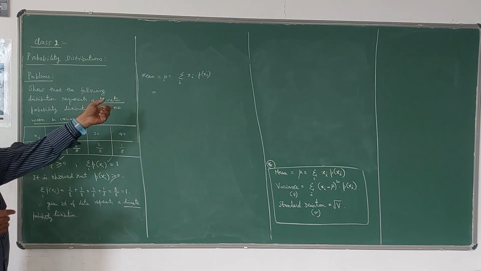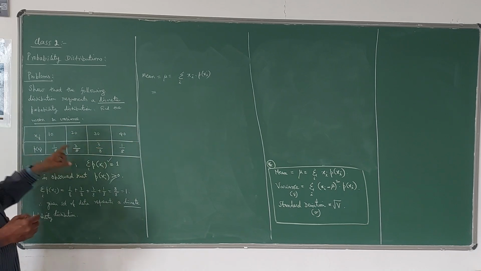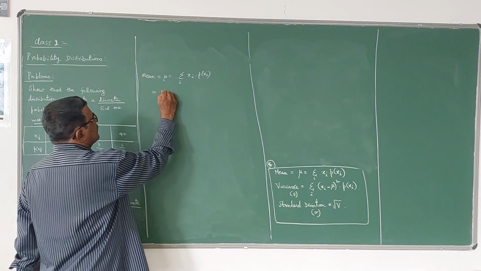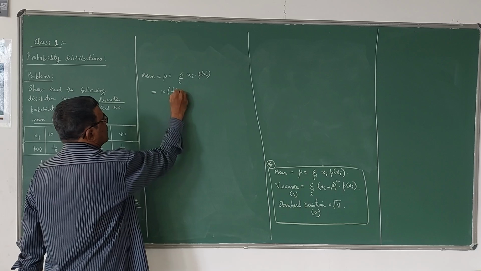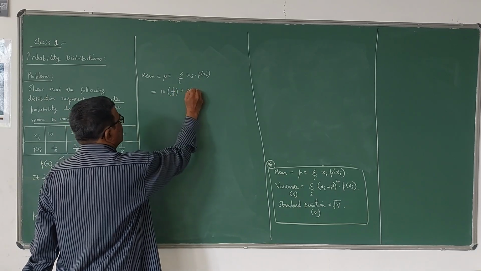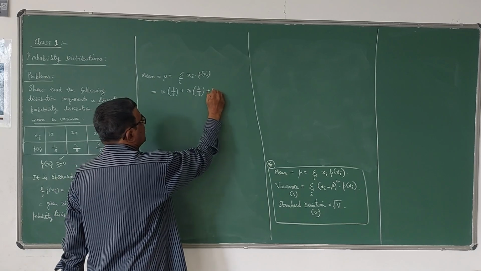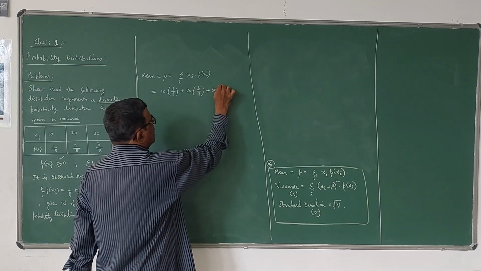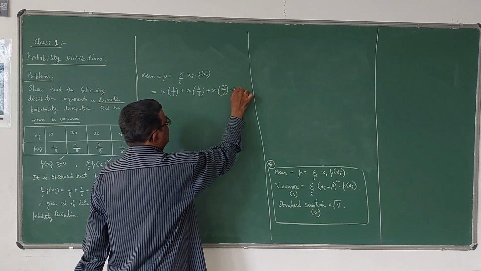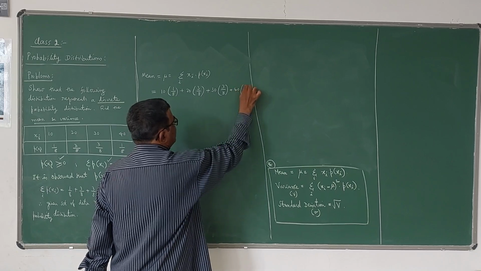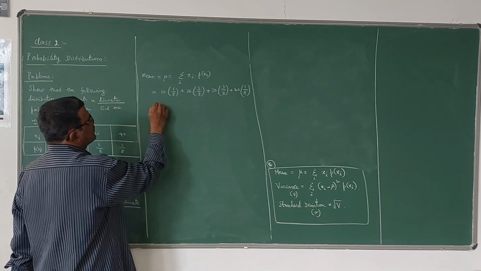So you have to multiply and then add. So 10 into 1 by 8 plus 20 into 3 by 8 plus 30 into 3 by 8 plus 40 into 1 by 8.